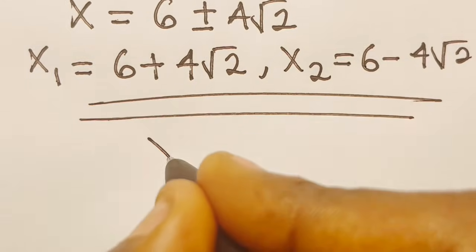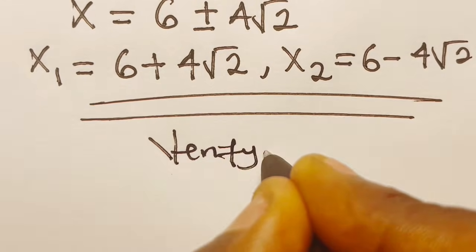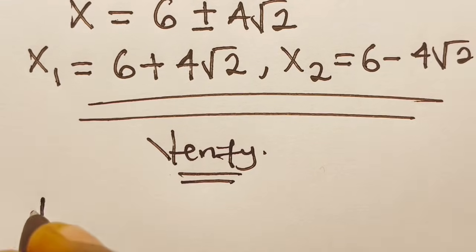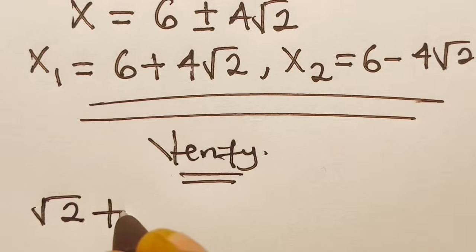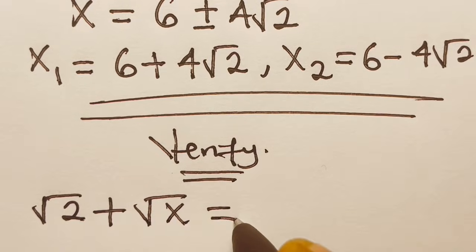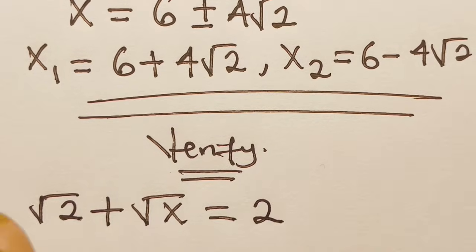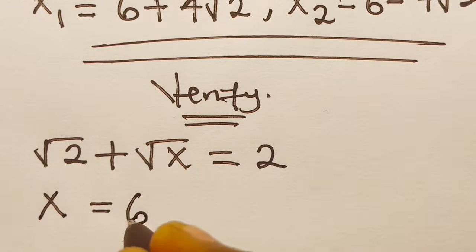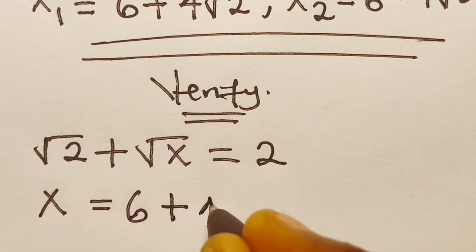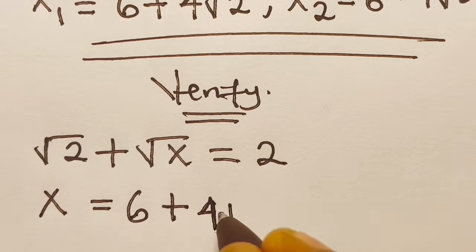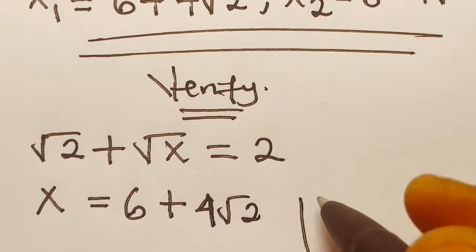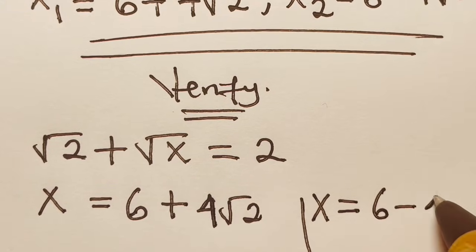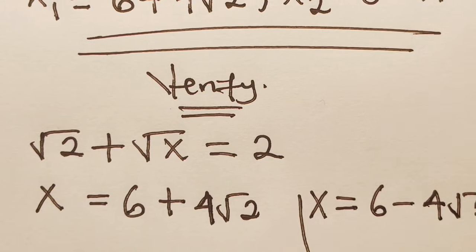So, alright, you can verify this. To verify, we have square root of 2 plus square root of x equals 2, where x equals 6 plus 4 root 2, and also x equals 6 minus 4 root 2.